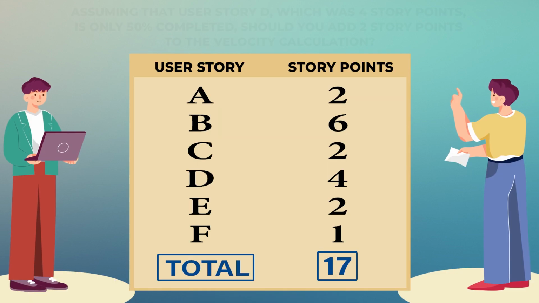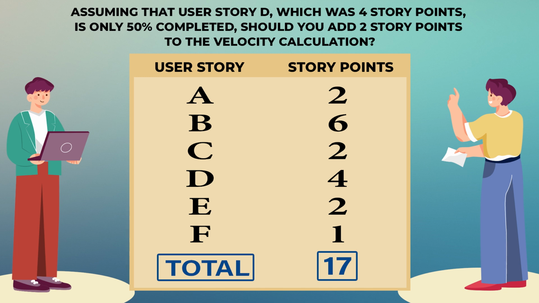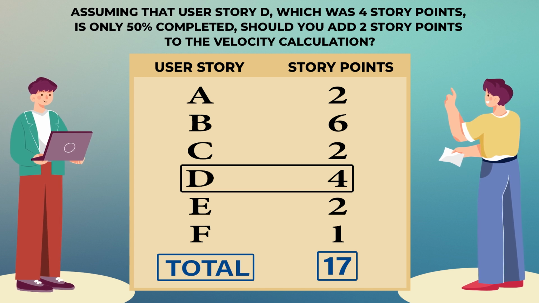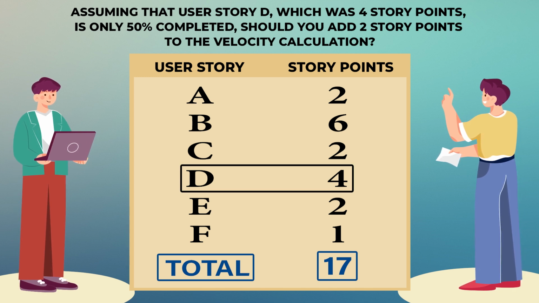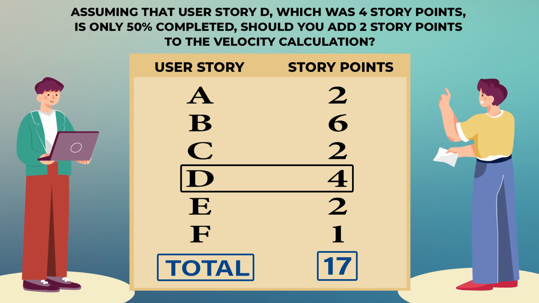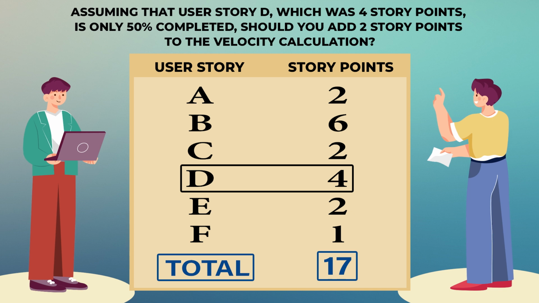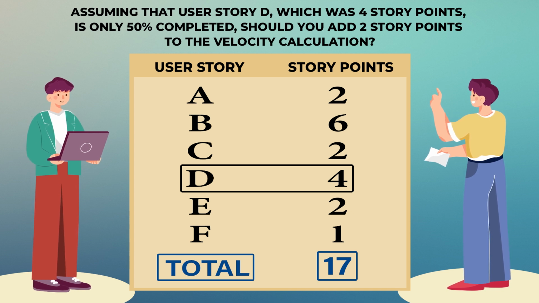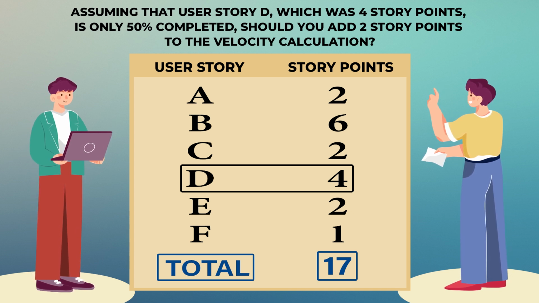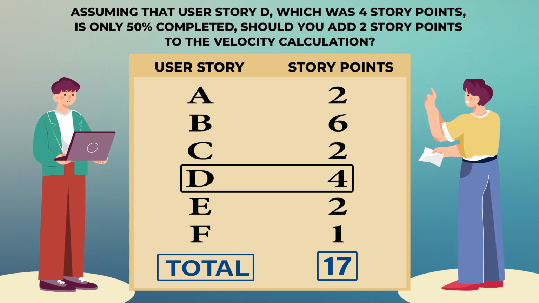Okay, let's bring a twist to it. Assuming the user story D, which was 4 story points, was only 50% completed. Its current estimate is 4 story points, so that means 2 story points were completed.